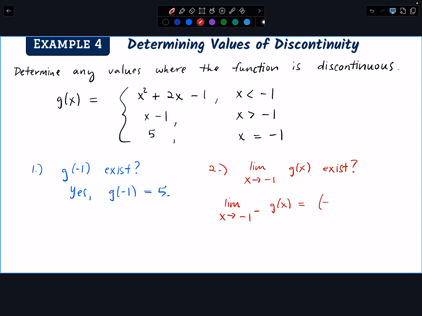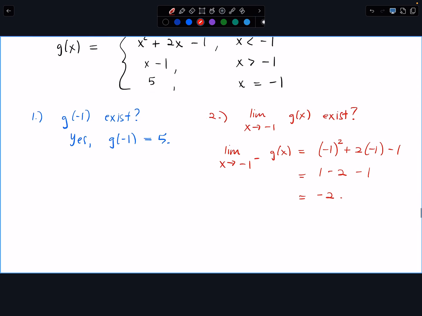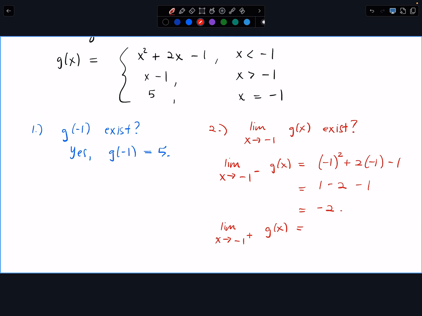So parentheses, -1 squared plus 2 times -1 minus 1. What is -1 squared? 1. 2 times -1? -2. Minus 1. So this simplifies to -2. The limit as x approaches -1 from the right of g of x is equal to, which function do I plug this one into?